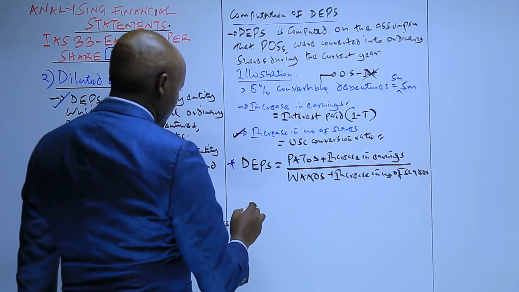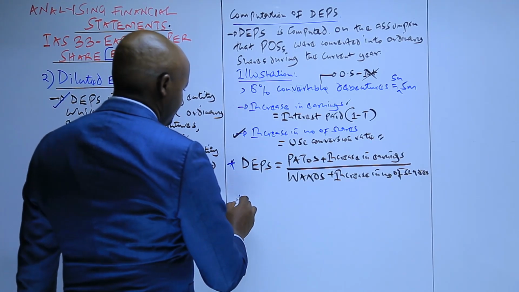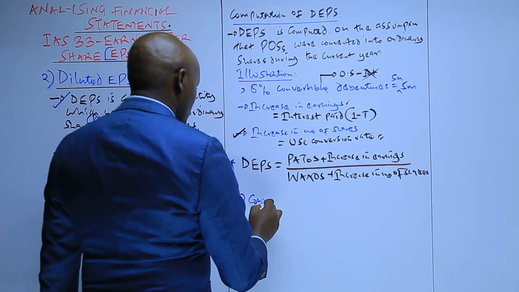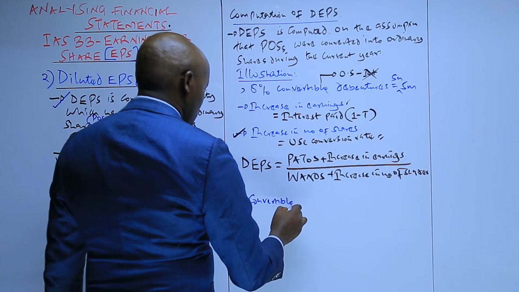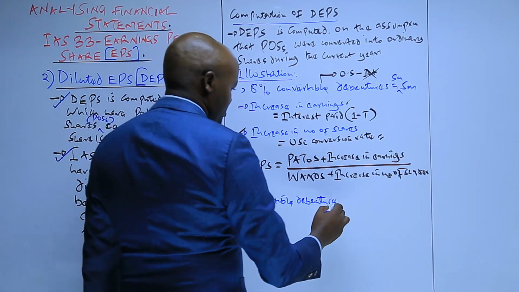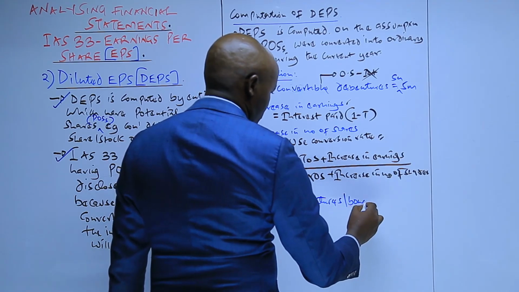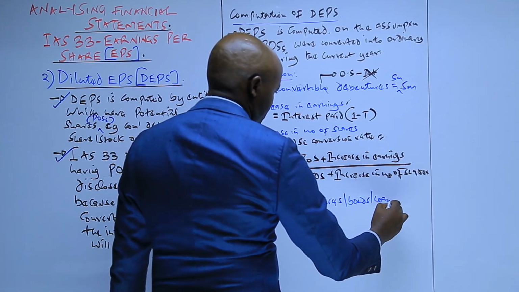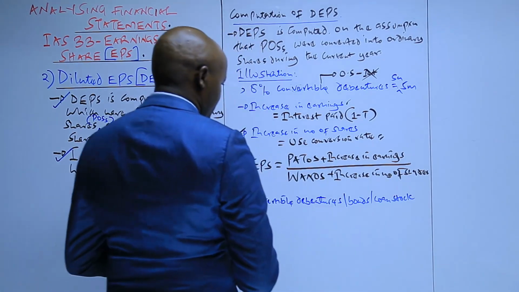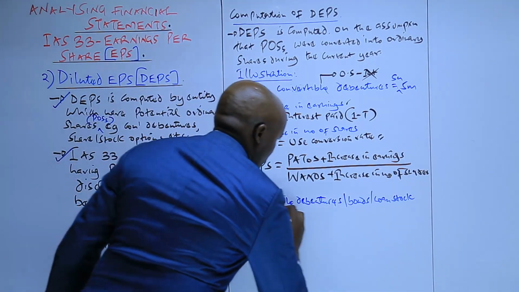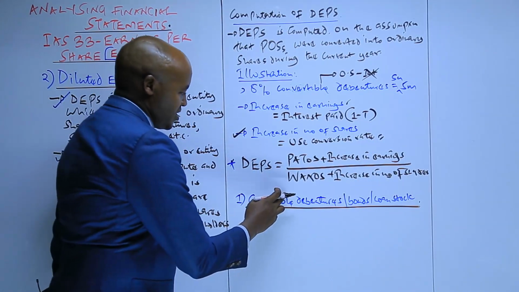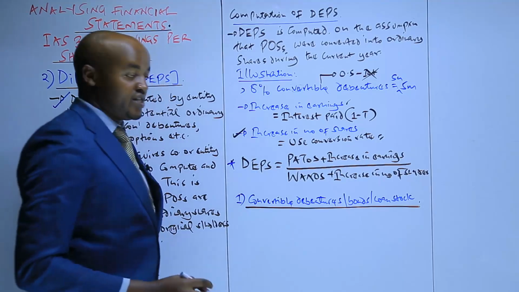I want us to start by looking at the treatment of the first type of potential ordinary share, and that is convertible debentures, or convertible bonds, or even convertible loan stock or notes. These are treated in the same way when computing the diluted earnings per share, because these are types of potential ordinary shares.